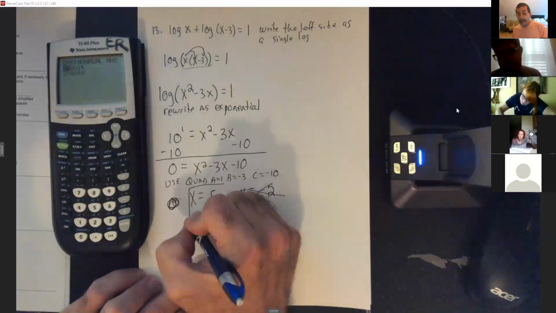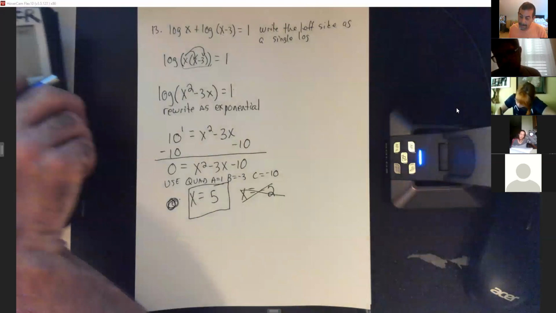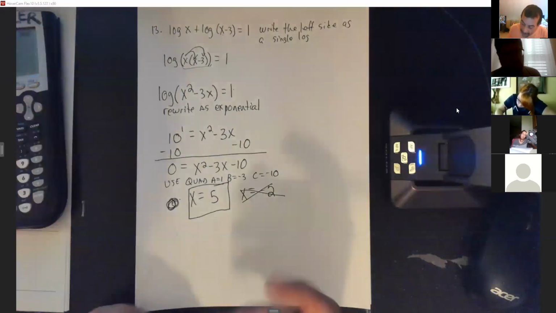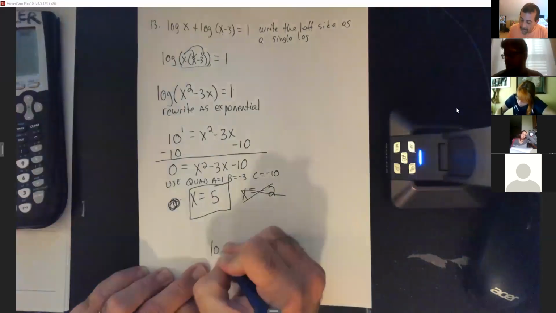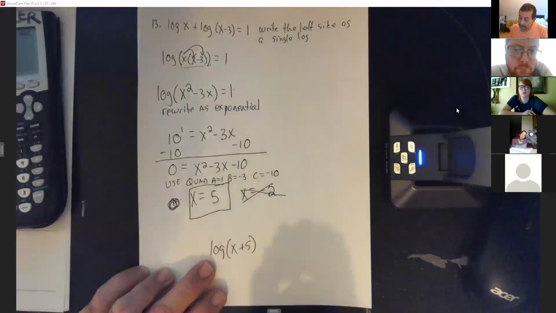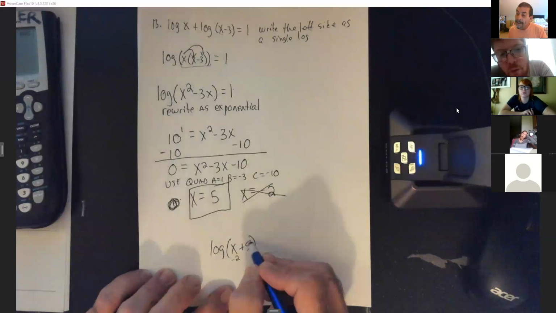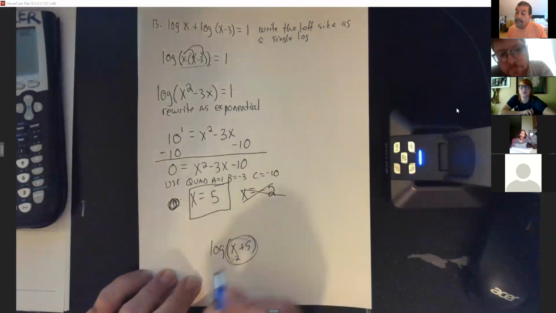So anytime we have a negative, basically, we're going to disregard it if there's two answers. Let me show you what happens. What if I had this log of x plus 5 or something? Now, when I put a -2 in for that, it doesn't make this part negative, so I'm still taking a log of a positive number.